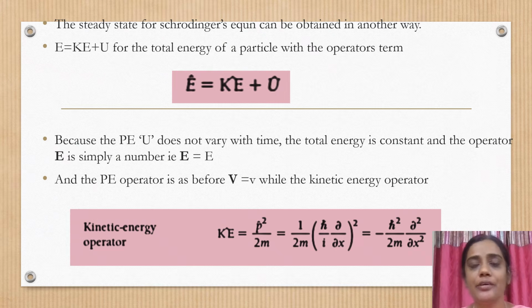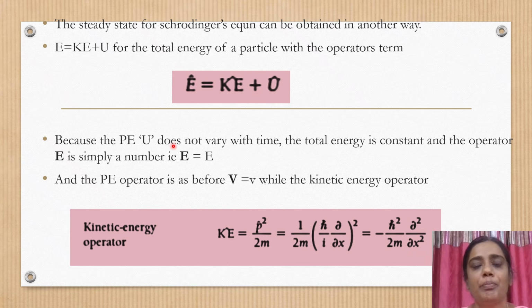Now we can derive the same Schrodinger time independent equation in another way, that is using the operator form. We know the total energy is equal to kinetic energy plus the potential energy. Using operator terms, it can be written as E cap is equal to kinetic energy cap plus U cap.